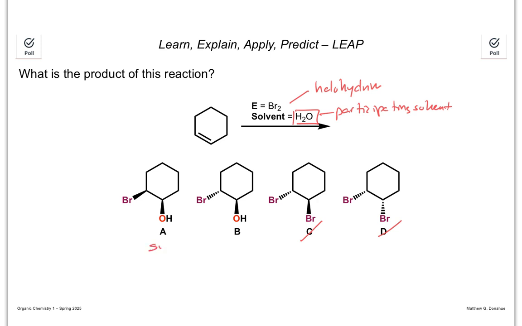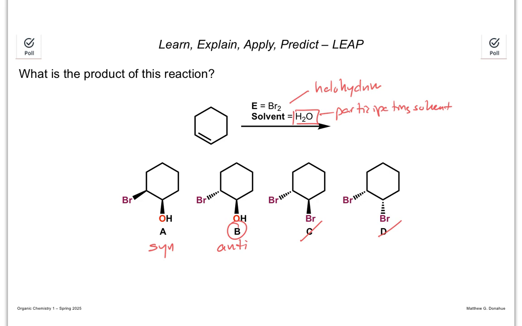So A is the result of a syn addition. B is the result of an anti. So what was the halohydrin one? So halohydrin is anti, it's B. Halogen, one face, alcohol, the other.